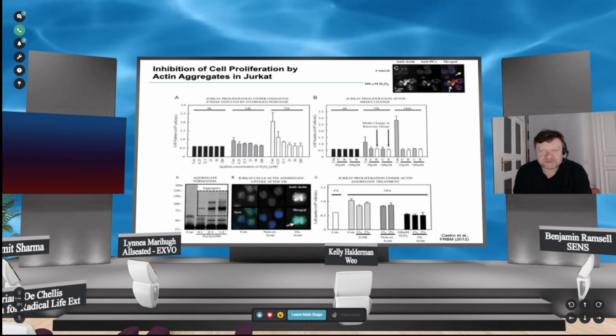So it's a vividly proliferating cell line, and this cell line stops proliferating if there are protein aggregates present. We are not talking about oxidative damage or cell cycle arrest due to oxidative damage. It's just the presence of the protein aggregates, and we think it's due to blocking of the proteasomal system, which is important for the cell cycle. So proliferation inhibition is the next one.